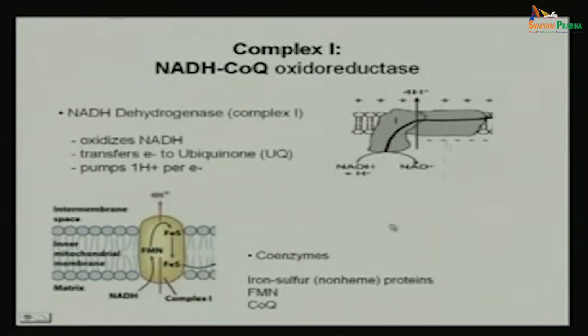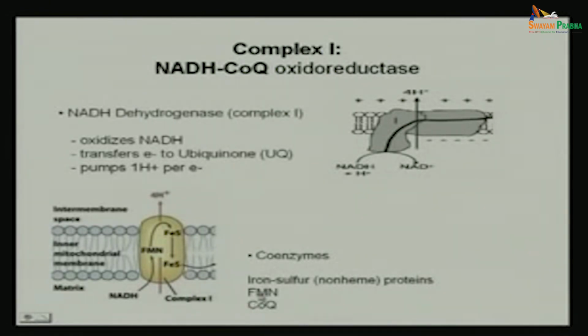How does it function? There are different helping hands, the coenzymes, present inside complex 1, and these are the iron sulfur non-heme protein, FMN, and coenzyme Q. The iron sulfur non-heme protein is one of the cofactors, otherwise known as the FeS complex. Flavin mononucleotide is another cofactor, and coenzyme Q is another.